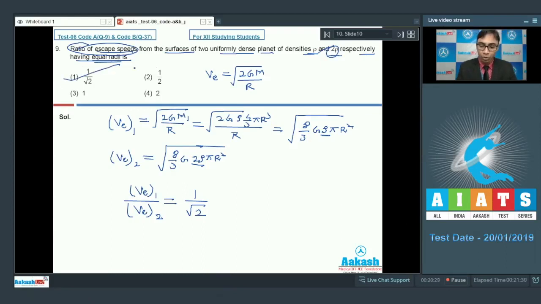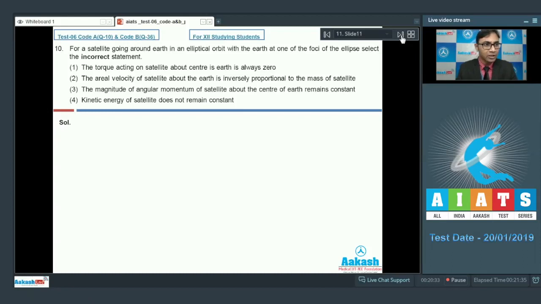Now let's move to question number 10. Question number 10 says: for a satellite going around Earth in an elliptical orbit with the Earth at one of the foci of the ellipse, select the incorrect statement. Again we have to find the incorrect statement. We know that if Earth is at the focus of the ellipse and the satellite is revolving in an elliptical orbit, then the gravitational force on the satellite will always be towards the Earth.